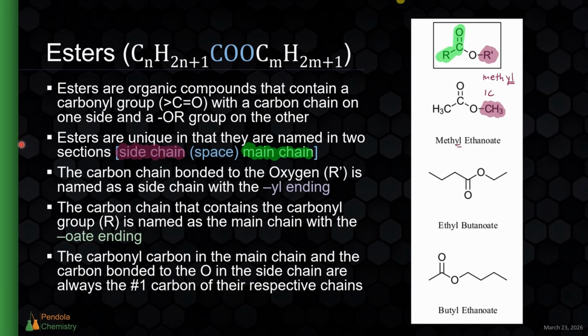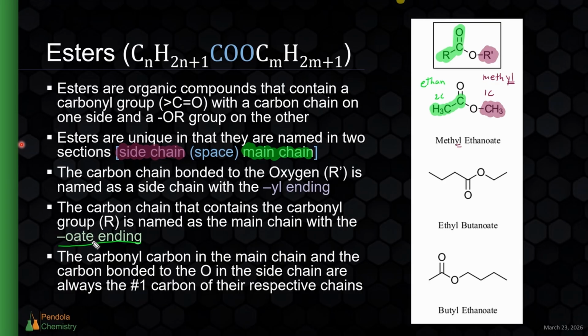And then in green, over here, we're going to have the main chain. The main chain here, including the carbonyl carbon, is going to consist of 2 carbons. So because this one consists of 2 carbons, again, it's going to be eth. Because they're single bonded, it's going to be an, because we got rid of the E. And that's where we're going to use this other ending.